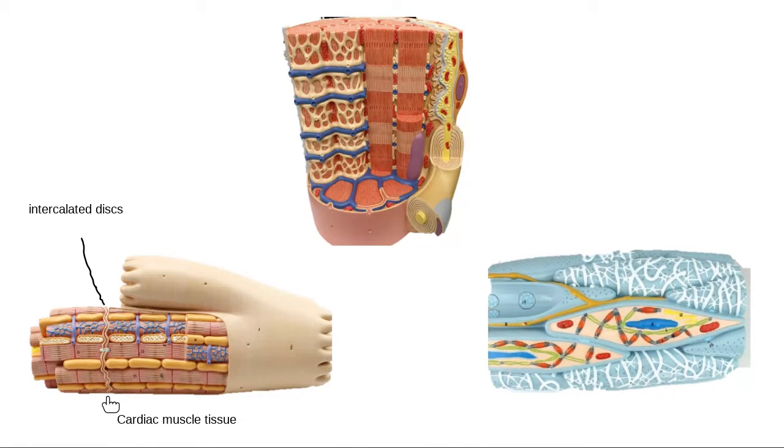What I really like about this cardiac muscle tissue model is it shows you this is just the place where two plasma membranes meet, where I go from one cell to another cell. So cardiac muscle tissue, we can see those intercalated discs where the cells come together. We can also see the branching cells.